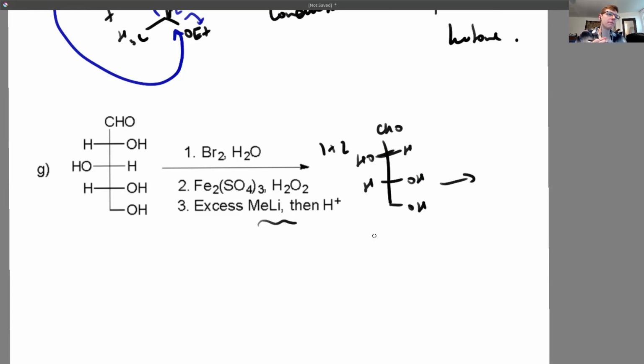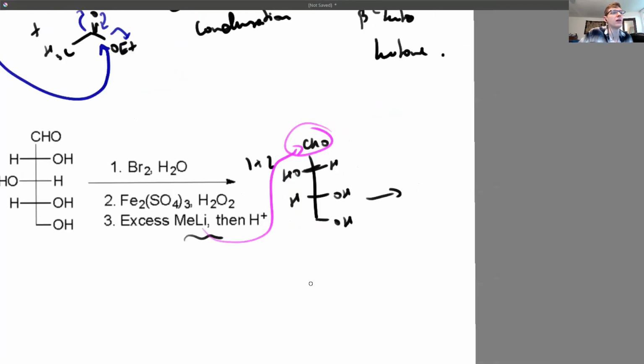But we do have that aldehyde, right? So you just methylate the aldehyde then, right? Okay. So we'd actually form an alcohol there. And so here we would get OH, CH3, something like this.